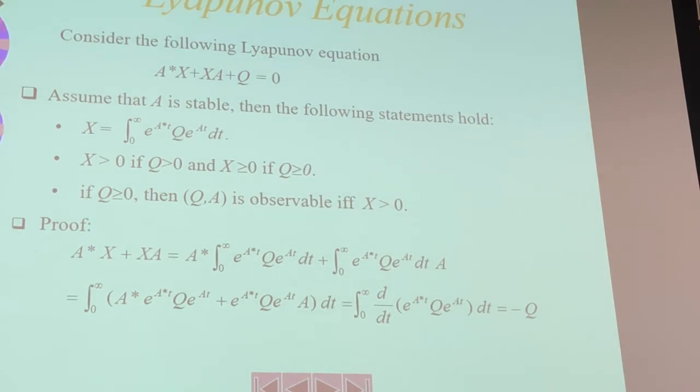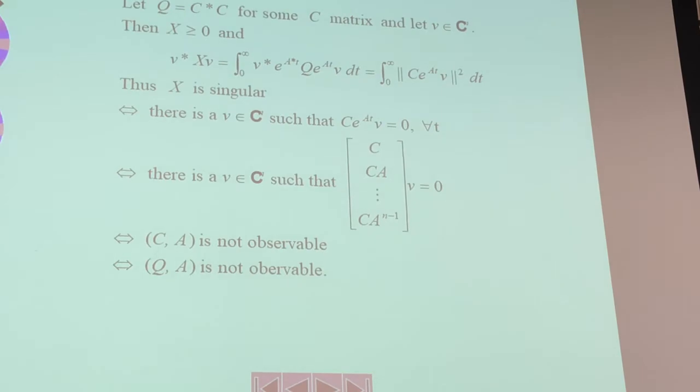Now let's assume that Q can be decomposed using C star C. C is not necessarily a square matrix. So if X is positive definite, that means for any V, this quantity will be greater than 0.